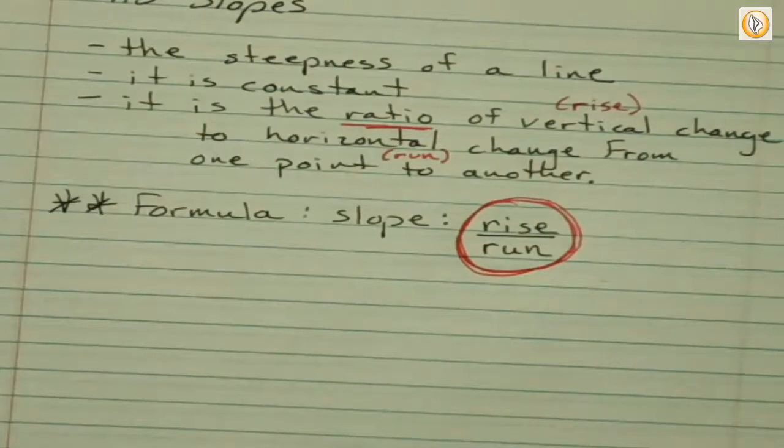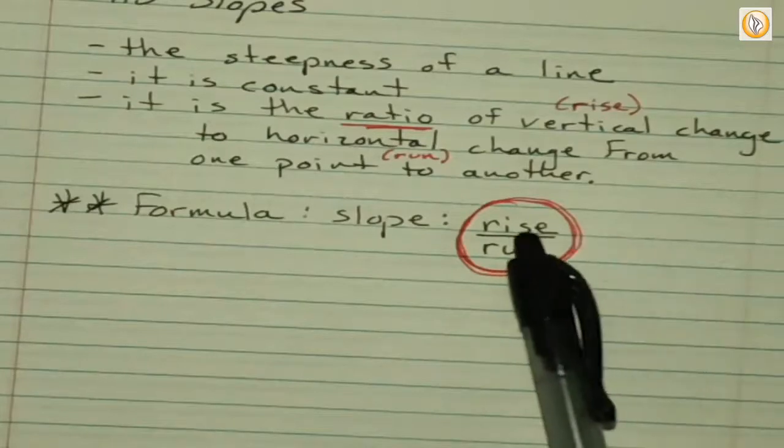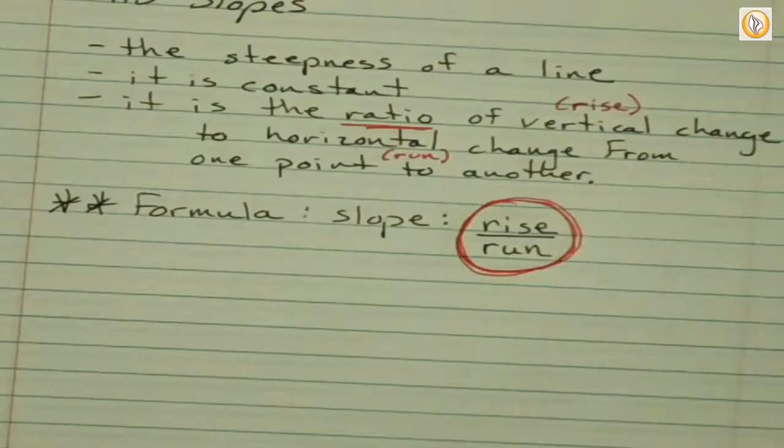Now, kind of like PEMDAS, you know how in PEMDAS you have multiplication and division, and because M comes before D, some kids think you have to multiply before you divide, and really they have equal billing. You just work left to right. Well, a lot of people think because this word says rise, you only go up.